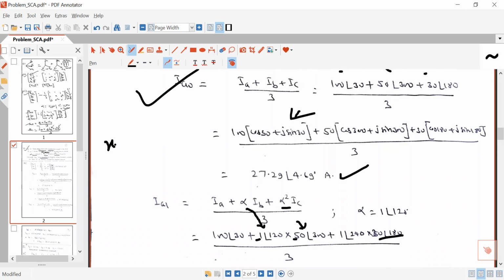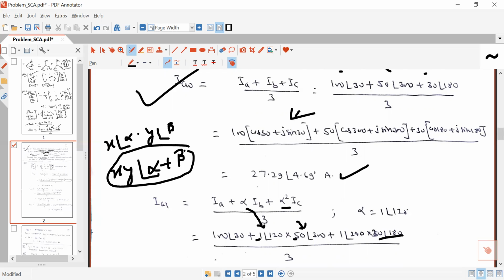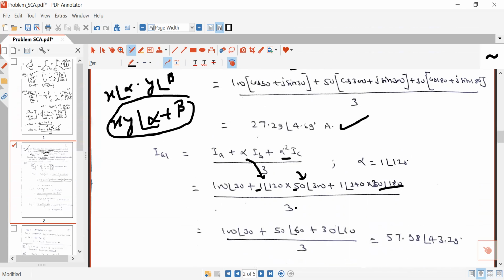When you multiply two phasors in polar form, magnitudes multiply together, but angles are added. So this is phasor operation, and you already studied phasor algebra in the first year course in single phase AC. So angles will be added together.